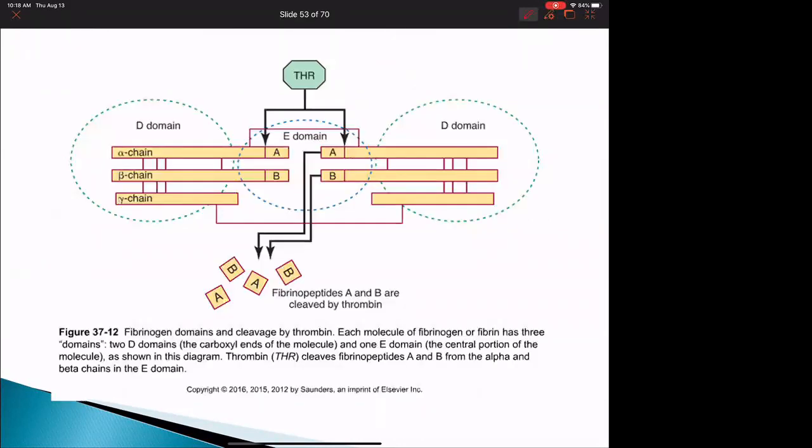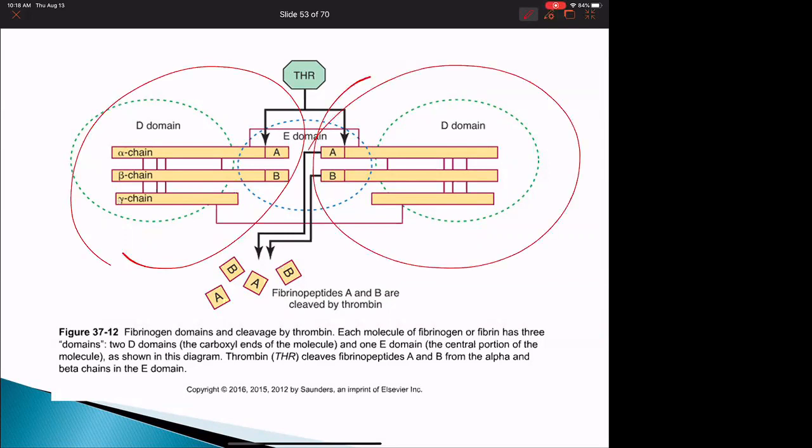Right over here is the actual structure of fibrinogen. It has 2 parts of 3, so these are the 2 different parts, but it has 3 different chains: the alpha chain, the beta chain, and then the gamma chain right over here.